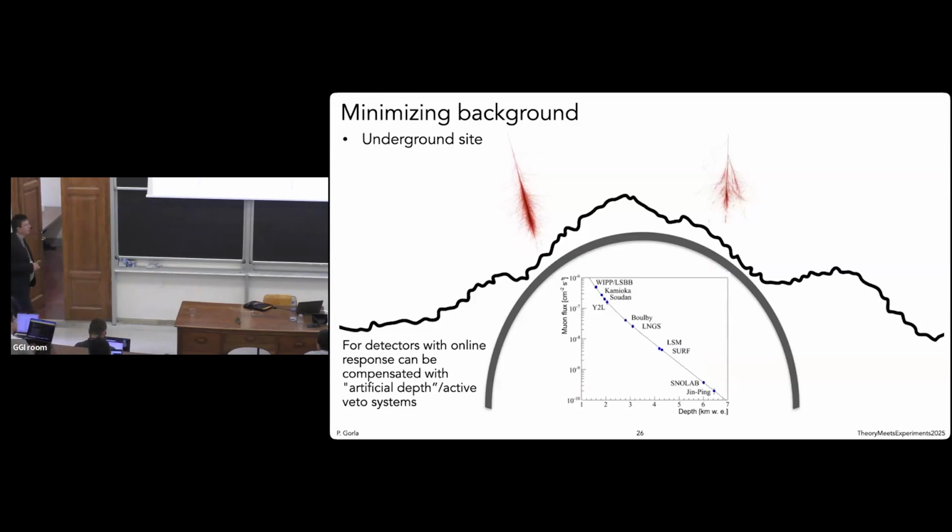For detectors with online response, so you get the time information on the event interaction, you can help the effect of the mountain or the ground shielding of cosmic rays with some tagging or rejection of the incoming radiation, what people sometimes call artificial depth.